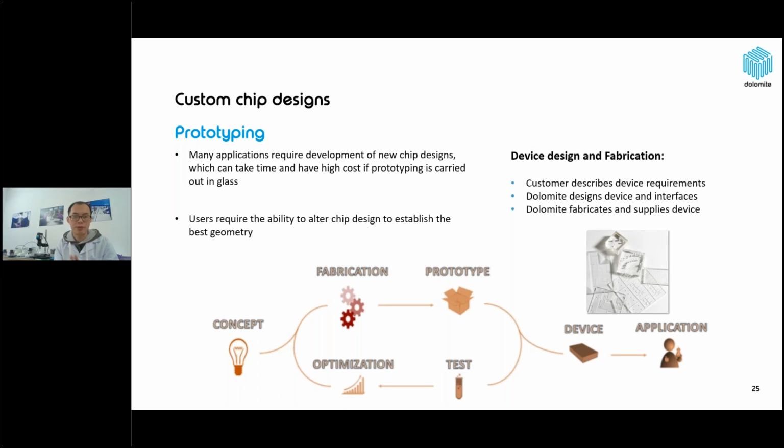Prototyping with Dolomite can be done with the steps shown below. The customer describes the device requirement, and Dolomite designs a chip and interfaces with the fabrication, prototype process, test and optimization. After that, we fabricate and supply the device to the customer to do the application.